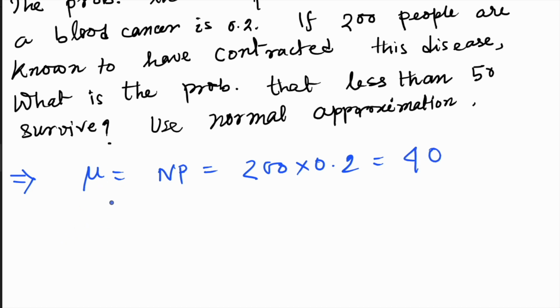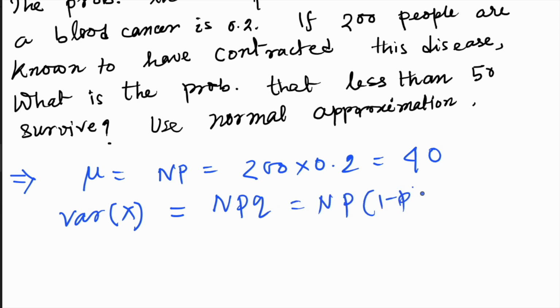And what is the standard deviation? Variance of x is again npq, here np into 1 minus p, so that is 200 into 0.2 into 0.8. It is 32.